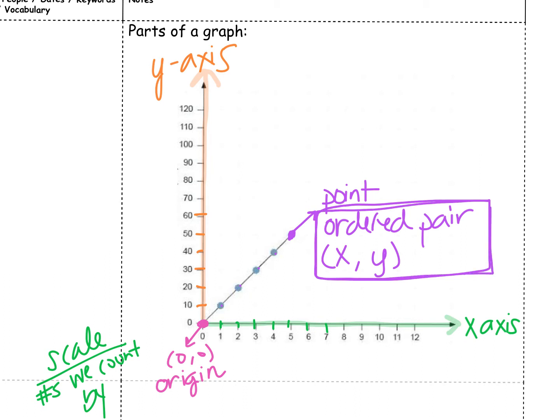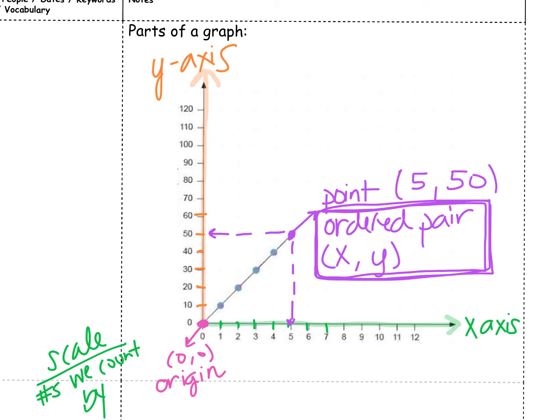If you forget, x is before y in the alphabet. And that point is located at, and this is where we have to figure out what is the x value and what is the y value, the point 5, 50. My x value was 5, my y value was 50. So the ordered pair in x, y form was (5, 50).